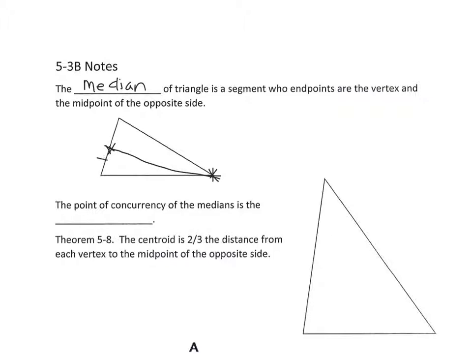Start at the vertex and connect the midpoint of the opposite side. The point of concurrency of the medians is called the centroid.